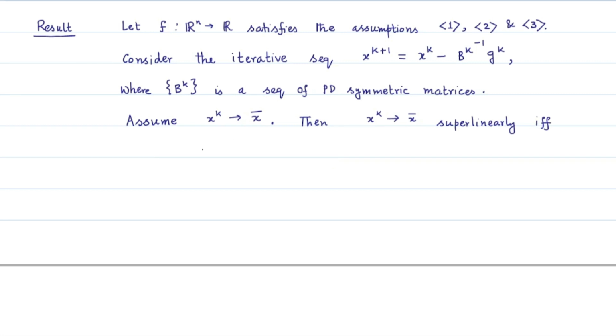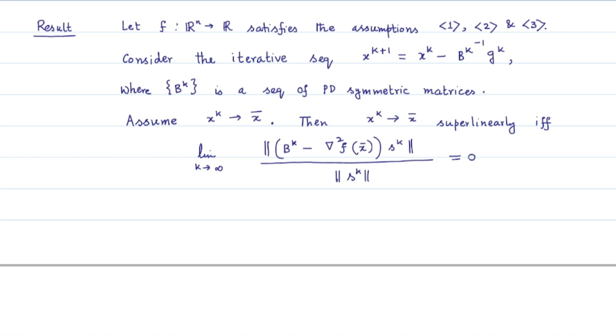The Dennis-Moré condition is that the limit as k tends to infinity of the norm of (B_k minus the Hessian at x bar) times the vector s_k, divided by the norm of s_k, is equal to 0. This condition is called the Dennis-Moré characterization or Dennis-Moré condition for the superlinear convergence of a quasi-Newton algorithm.